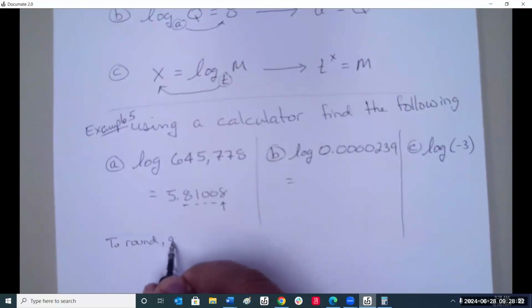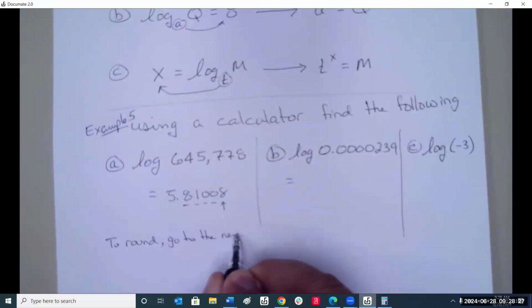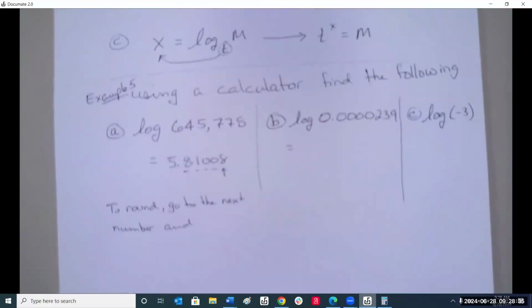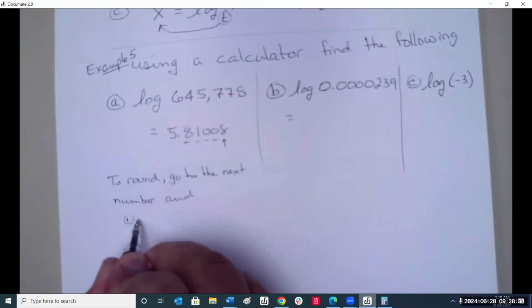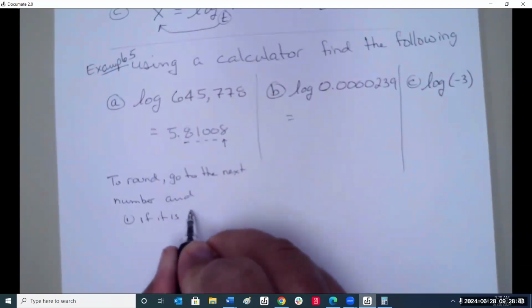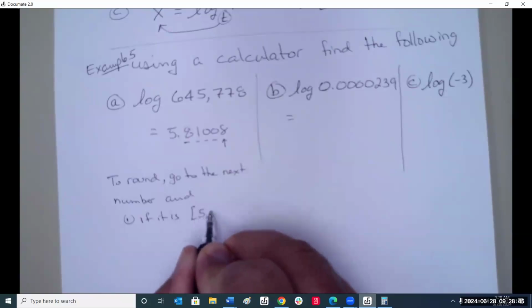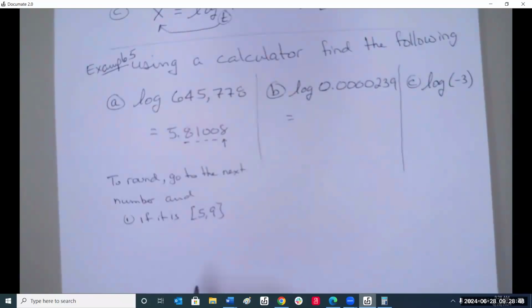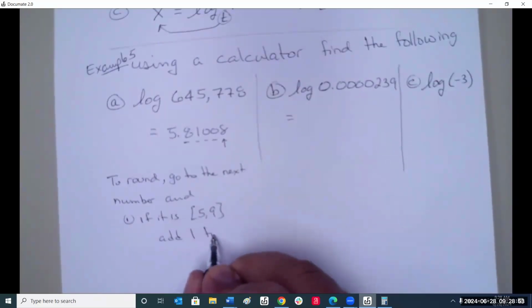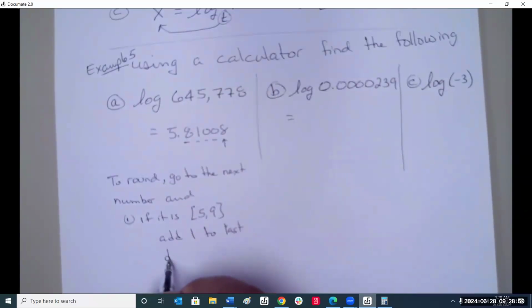To round, go to the next number, and if that number is between 5 and 9, add 1 to the last digit.